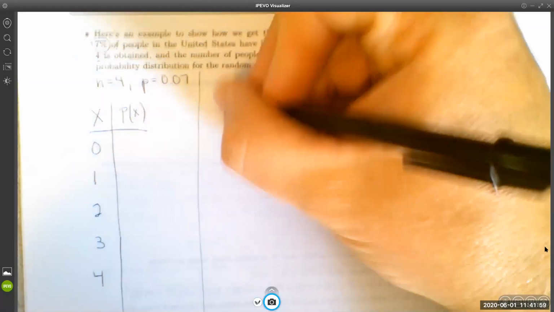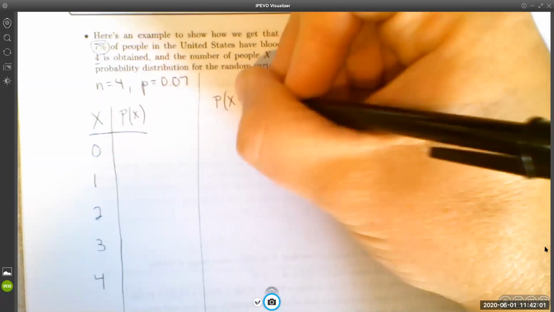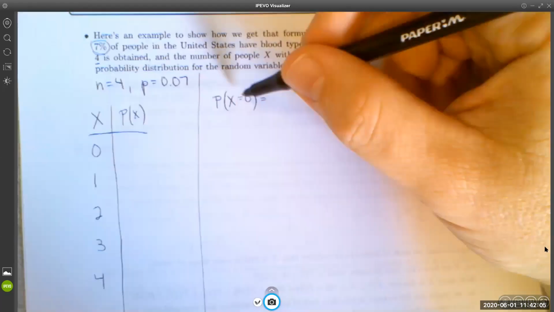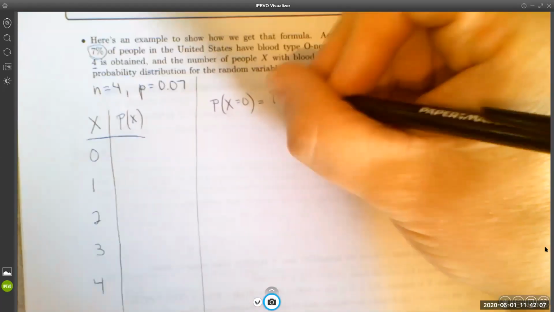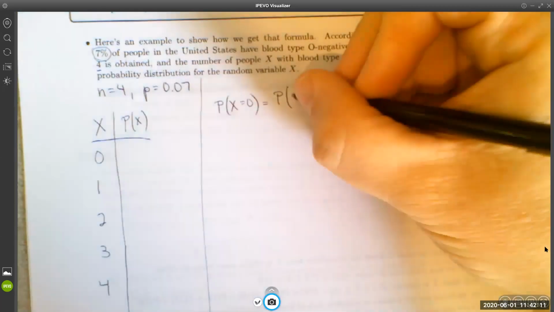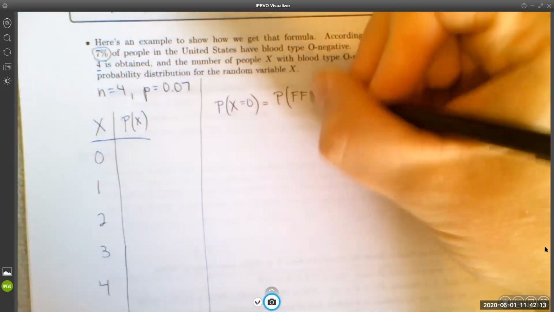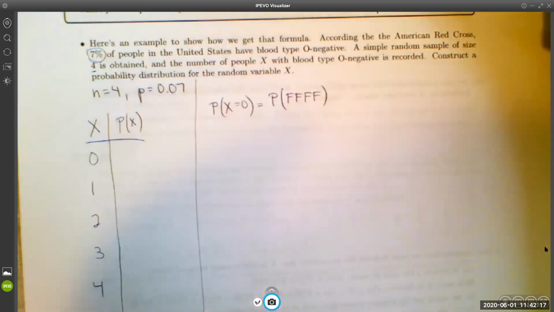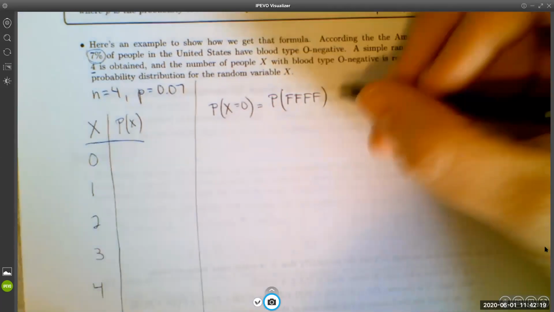Let's look at the probability that X equals 0. If X equals 0, then this would mean that you would have to get 4 people that do not have blood type O negative. You would have to have 4 failures. Failure, failure, failure, failure. Okay? Well, that's pretty easy.